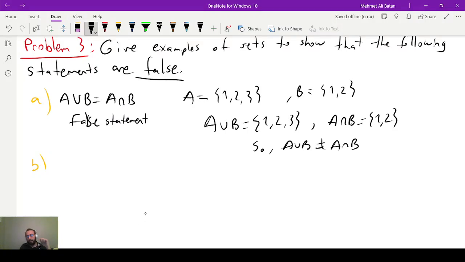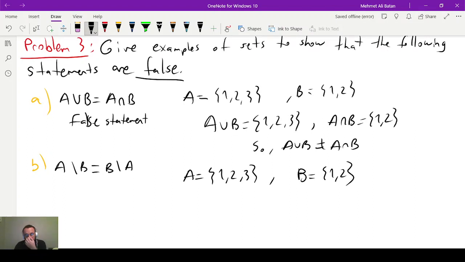What about part B? A set difference B is equal to B set difference A. This is also false. Let's think about a specific example to show that this equality doesn't hold. You can use other examples too. For example, take A as any set and B as the empty set.